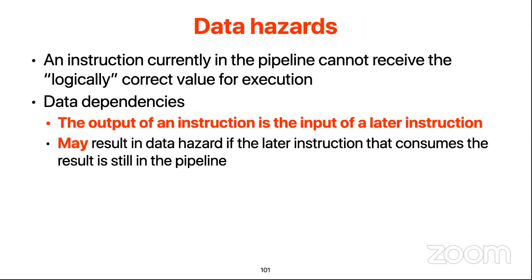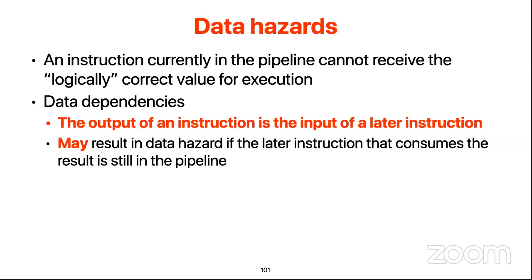And another type is data hazard. Data hazard occurs because we have a data dependency that cannot be resolved when we need the input. A data dependency is when the output of an instruction is the input of a later instruction.